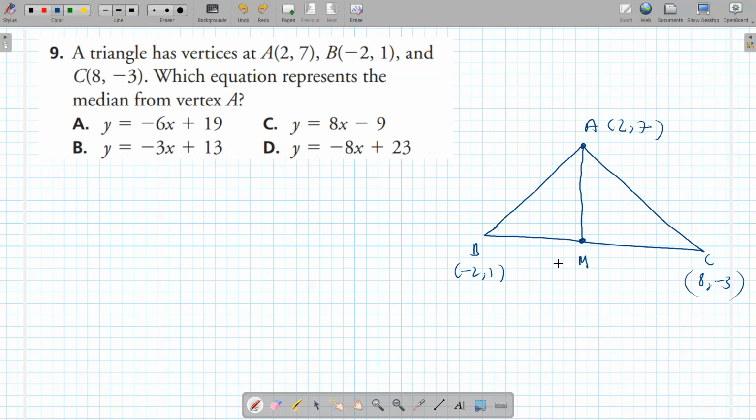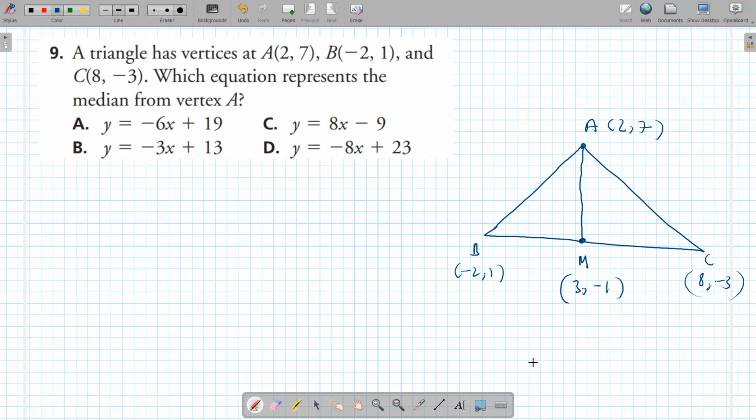Remember, it's the midpoint between B and C. You add B and C and then divide them by 2. So -2 plus 8 is 6, divided by 2 is 3. 1 minus 3 is -2, divided by 2 is -1. So you get (3, -1). Okay, that's the midpoint. So we have everything we need to answer this question.